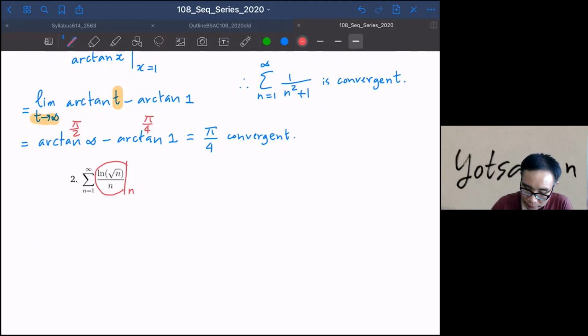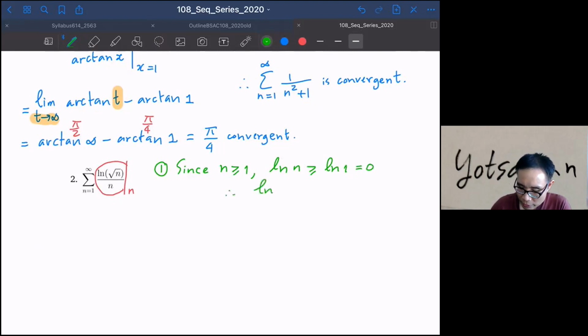Since n is more than 1, log n is more than log 1, which is 0.